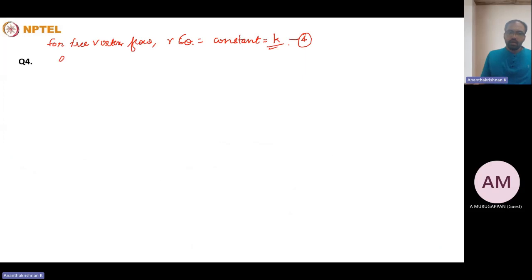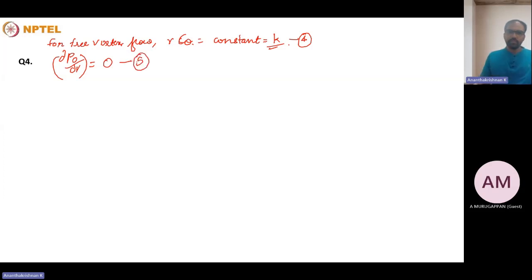For free vortex flow, r c theta equal to a constant, and we can denote it by K, and we can take the radial gradient of the stagnation pressure equal to 0, since it's mentioned in the question that it's a constant term.